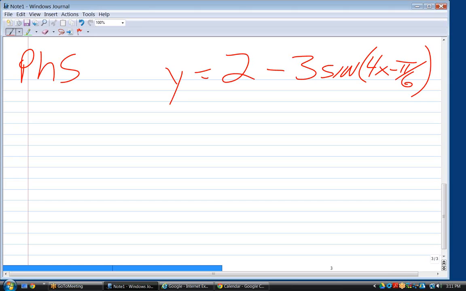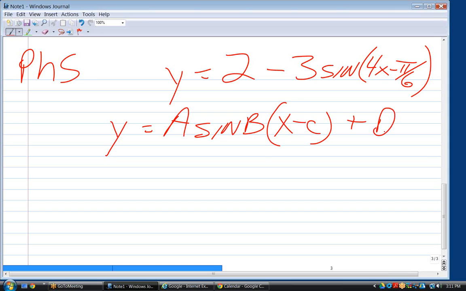What's the standard function for a sinusoid? Oh, y equals sine of x. It's y equals a sine of b times x minus c, plus d. Now, there are various standards, and this may or may not be the one you use.